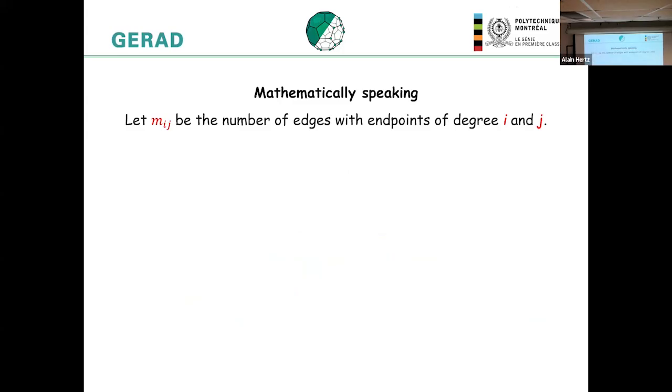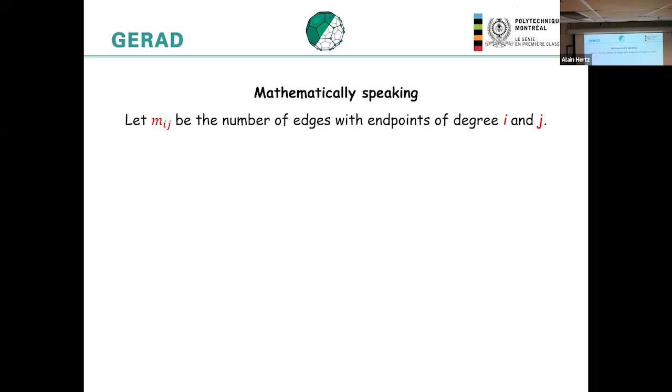So let's speak about the problem mathematically. Since every edge which has endpoints of degree i and j has the same value, so if I have 2 and 3, every edge with endpoints of degree 2 and 3 all have the same value. So I just call M_ij the number of edges that have endpoints of degree i and j.